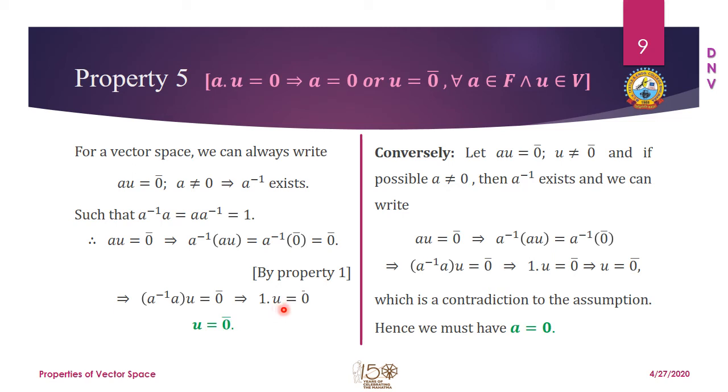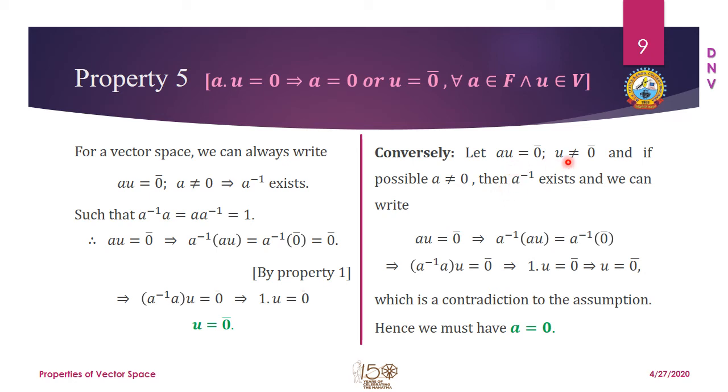1 into u is equal to u is the last property a vector space should satisfy. So we have used that property and come to the conclusion that if a is not equal to 0, then u has to be 0. On the other hand, if we assume that u is not equal to 0, we have to prove that a is 0. We prove it by the method of contradiction.